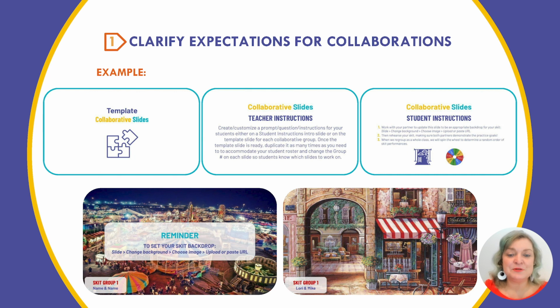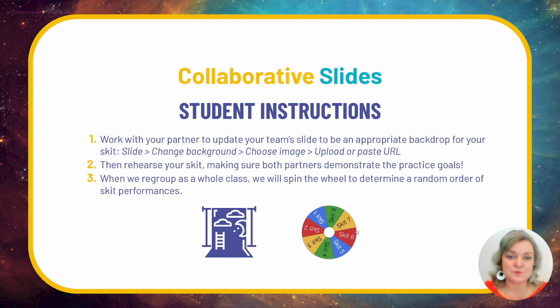Note that this particular example is available in quick links for you to make a copy of and then adapt for your own purposes. In this example, you might be prompting students to do a skit or a dramatic interpretation of some sort, and notice that there's instructions in this template for teachers and then instructions for students as well.